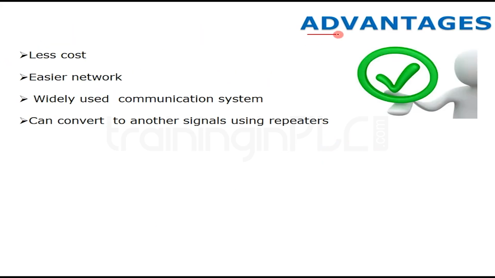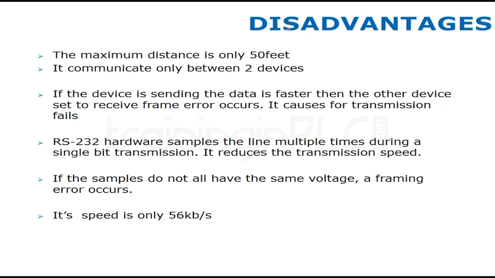If we see the advantages of RS-232, it is less costly compared to other cables, easier for networking and widely used in communication systems, and it can convert to any other signals using repeaters. If you see the disadvantages of RS-232, it is because of the distance.